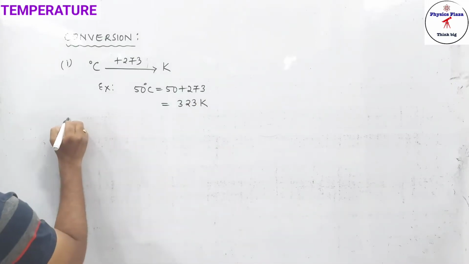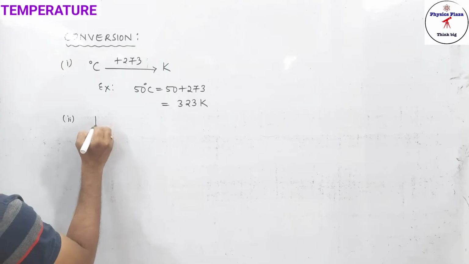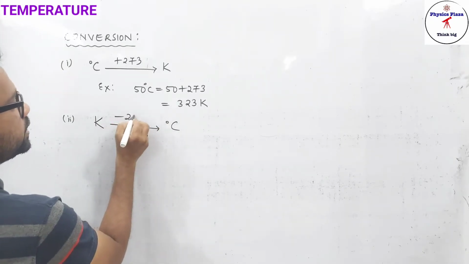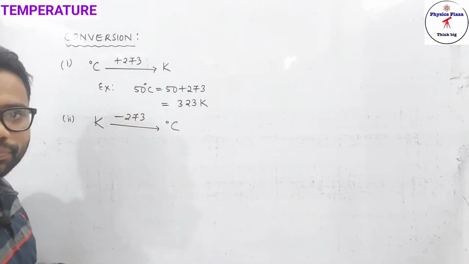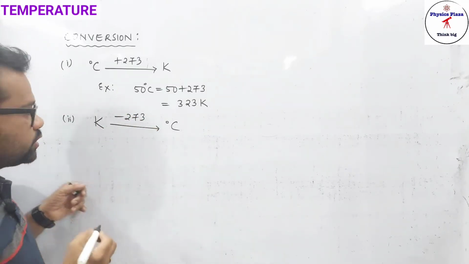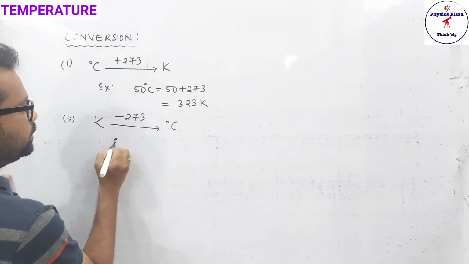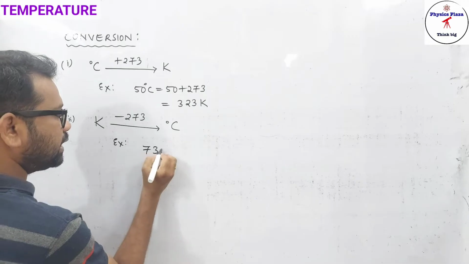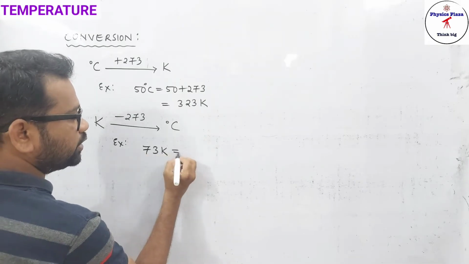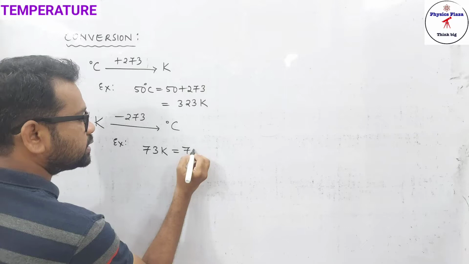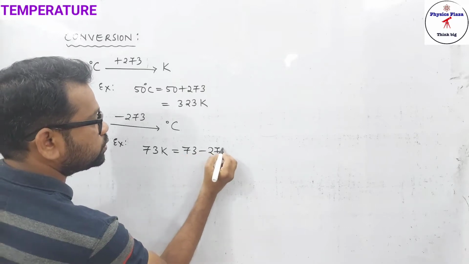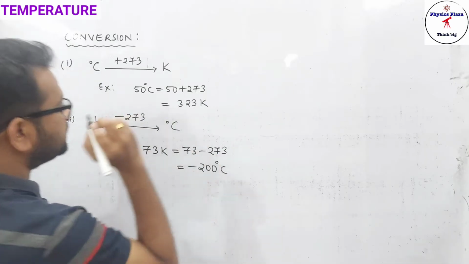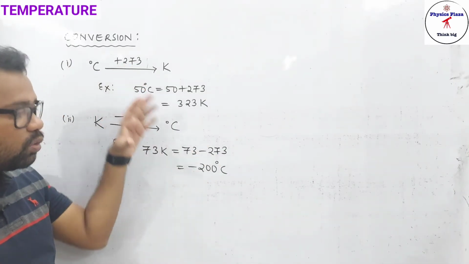And here the second one: if you want to convert the Kelvin scale to degree Celsius, then we have to subtract 273. Example: suppose 73 Kelvin, and you want to convert it to degree Celsius. 73 minus 273 is minus 200 degrees Celsius. Okay, children, this is how we can convert.